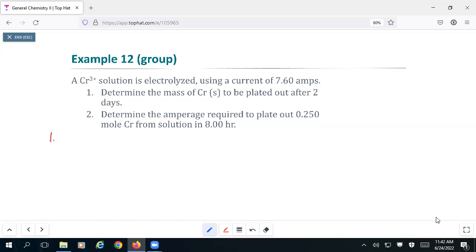So we're going to take the 2 days. Every day has 24 hours in it. Every hour has 3,600 seconds in it.